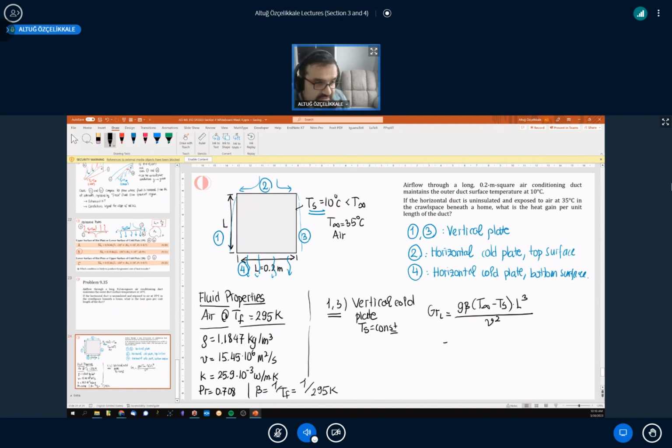That's going to give us 9.81 times 1 over 295 times 35 minus 10, and the length 0.2 raised to the power 3, divided by 15.45 times 10 to the power minus 6 squared. And we end up with the Grashof number for that surface as 2.786 times 10 to the power 7.